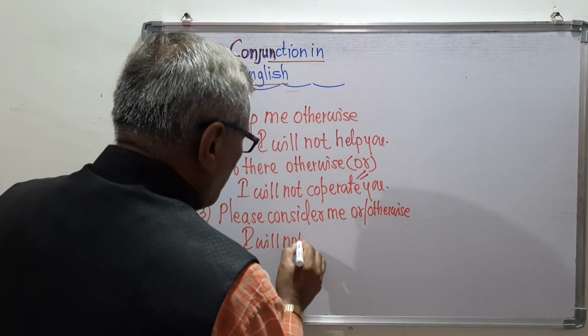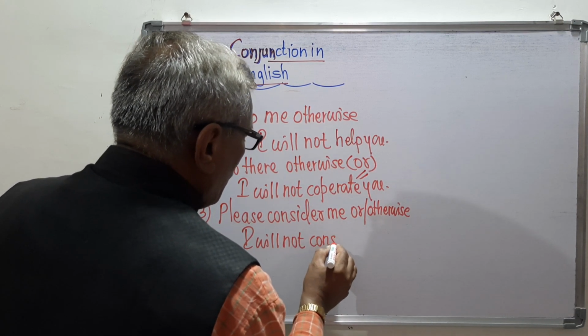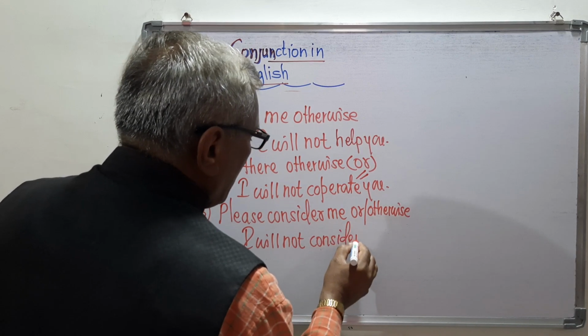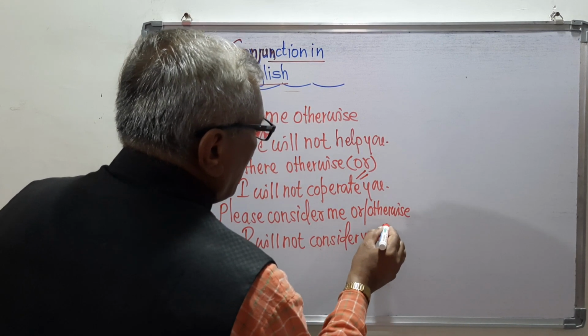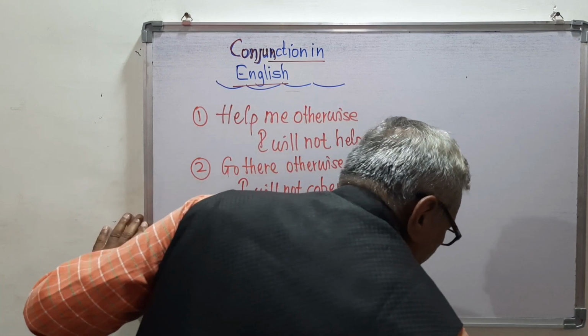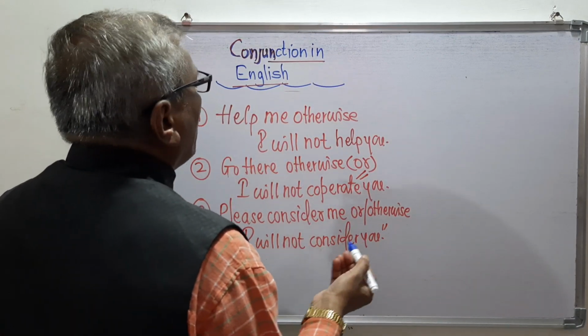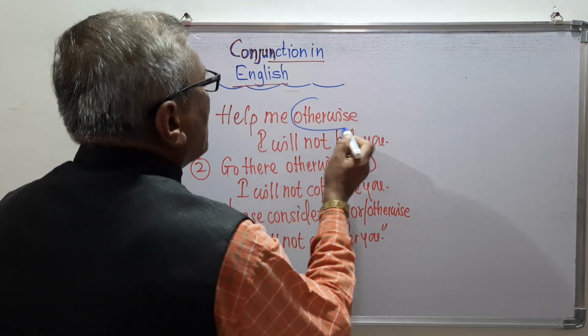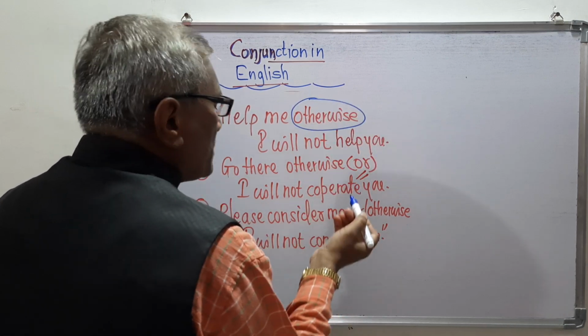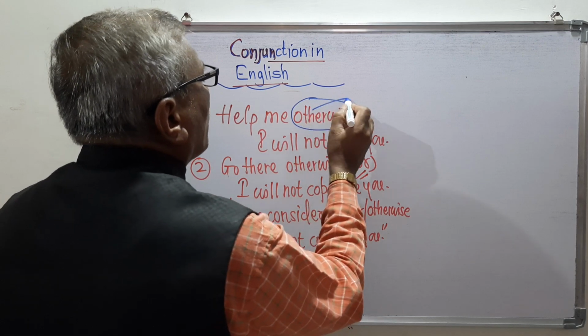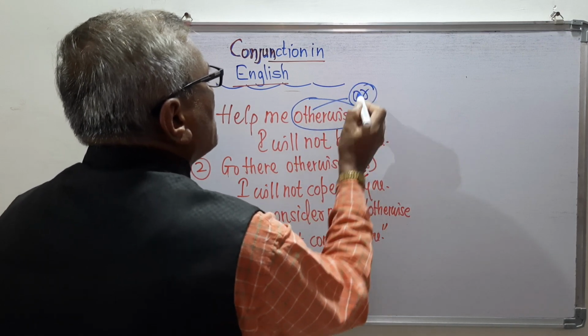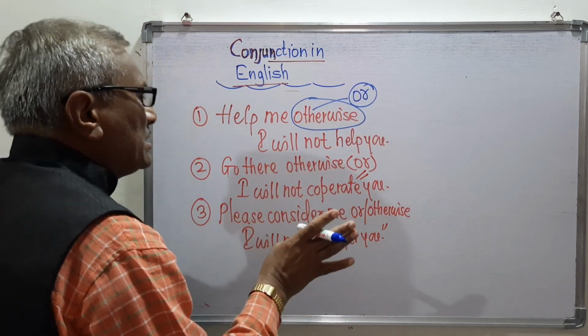I will not consider you. So remember here, we are discussing these conjunctions, and here we are discussing otherwise conjunction. Otherwise means what? Or. Otherwise means or. Or means otherwise, and the meaning is same.